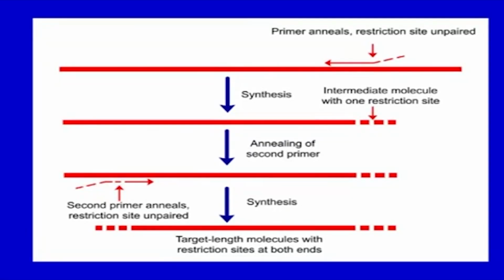Here, as shown, these are not really pairing here, but these contain the restriction sites, and finally the product will have the two restriction sites due to the primers containing the restriction sites. So, the target length molecule with restriction sites at both ends is obtained, and it can easily be cloned.